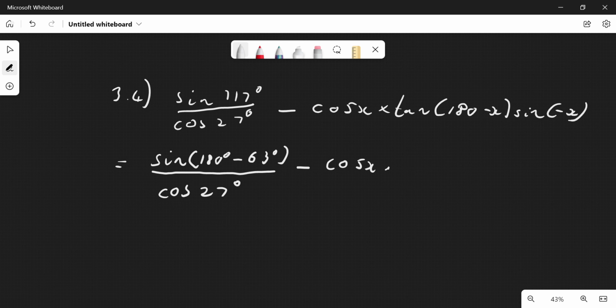So I'm going to put a negative there, and then I'm just going to expand it. That's sine x over cos x, and that is also multiplied by negative sine x, because sine of minus x is negative sine x. Okay.